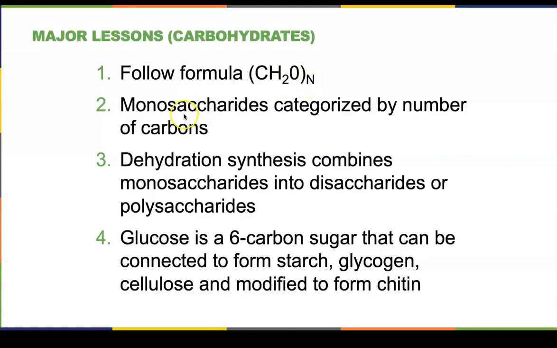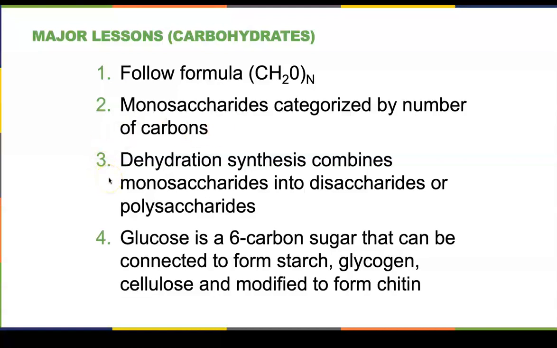Second, the monomers or monosaccharides can be categorized by the numbers of carbons they have, with Latin prefixes like tri, pent, and hex telling us how many carbons. So a hexose, for example, would have 6 carbons, 12 hydrogens, and 6 oxygens. Within each of those categories, there can be different arrangements of the atoms, and so there can be isomers.